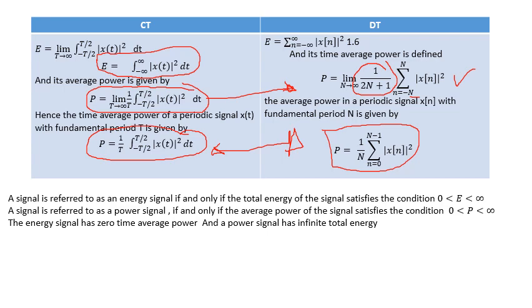So a signal which is a power signal cannot be an energy signal because an energy signal has zero time average power, and a power signal has infinite energy.